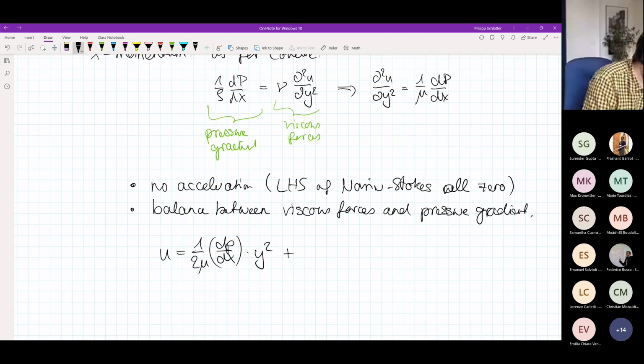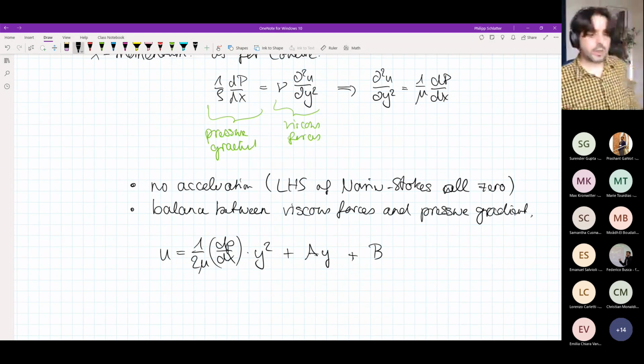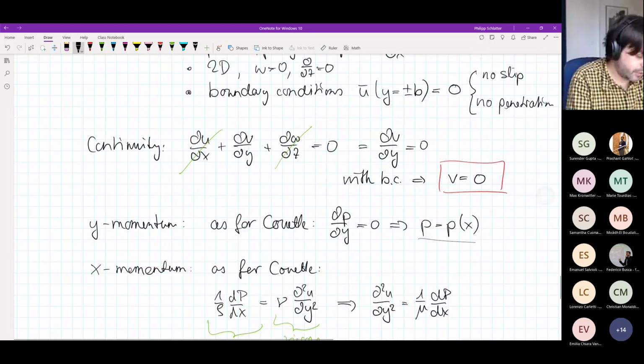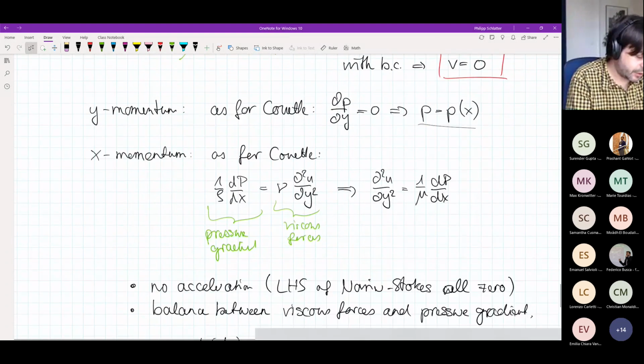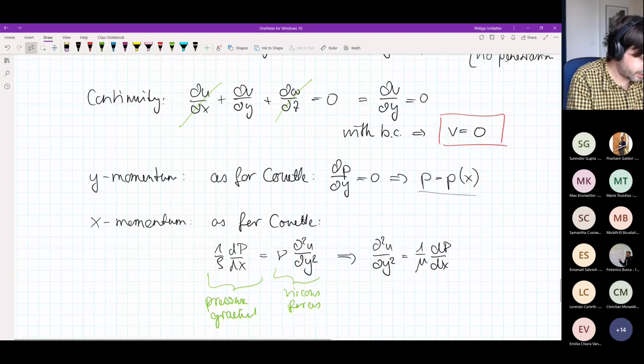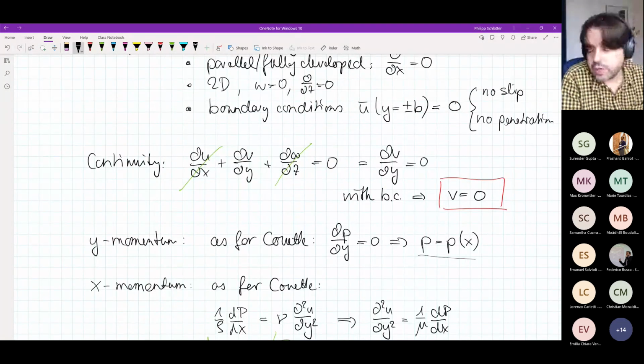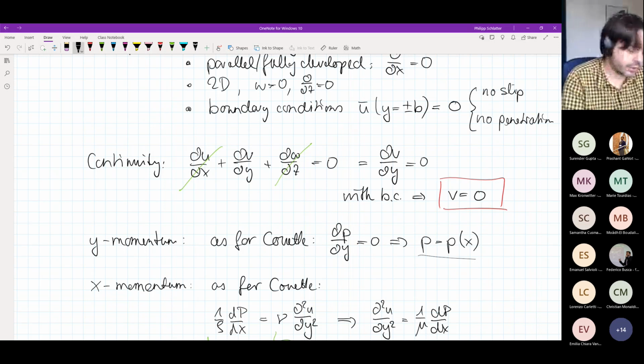And then we have two integration constants, a times y plus b. And the boundary conditions we have mentioned above. Because now we're only talking about u, the boundary conditions would be u at plus minus b is 0.